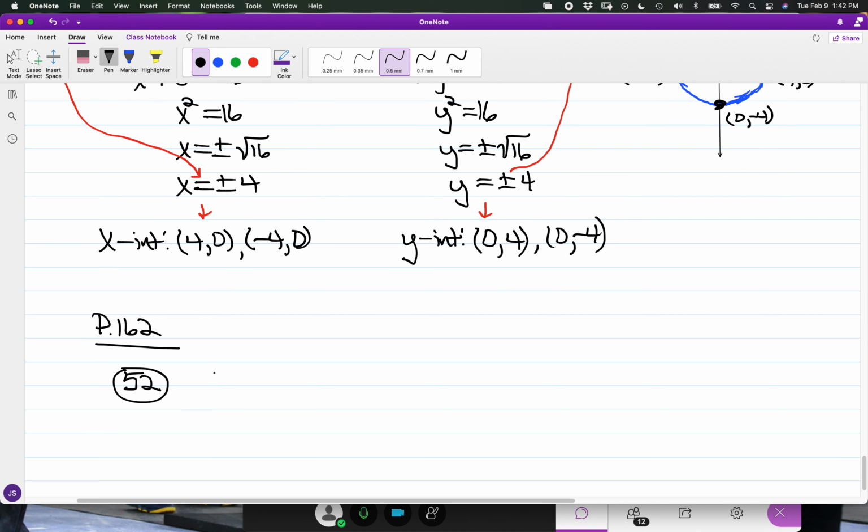You're looking at translating a given equation that is in standard form and finding out what the slope-intercept equivalent is going to be.